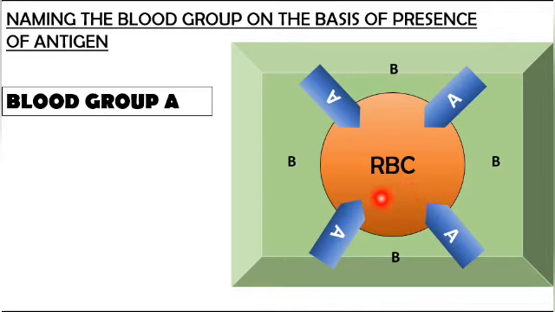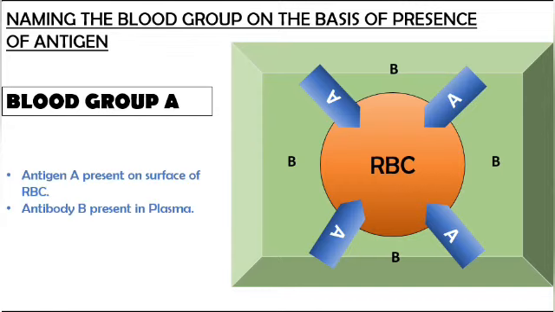So as I told you, the blood group will be given according to the name of the antigen that is present on the surface of the RBC. So here A antigen is present on the surface of the RBC. That is why this blood group is known as blood group A.